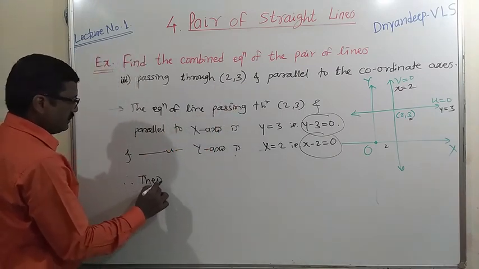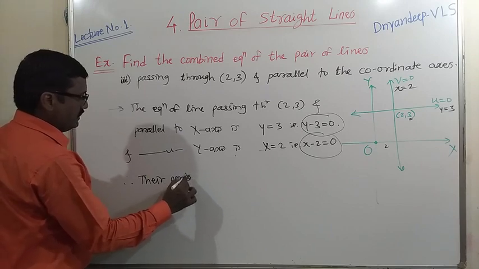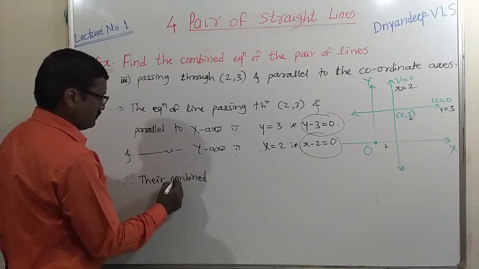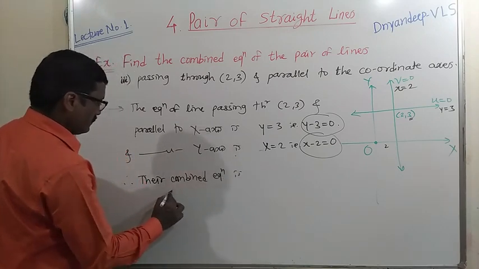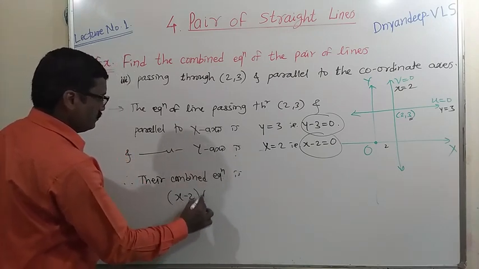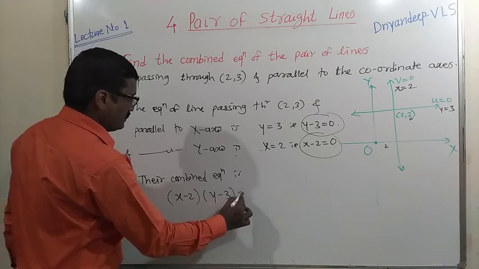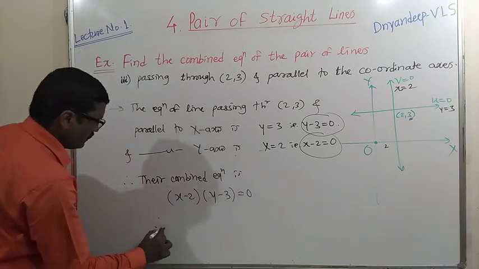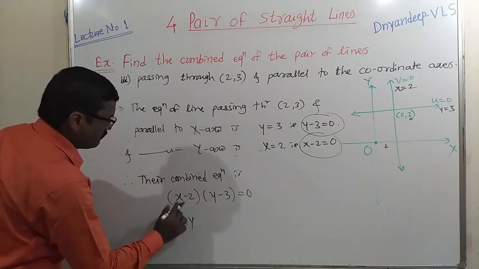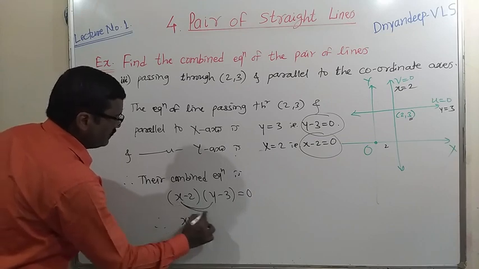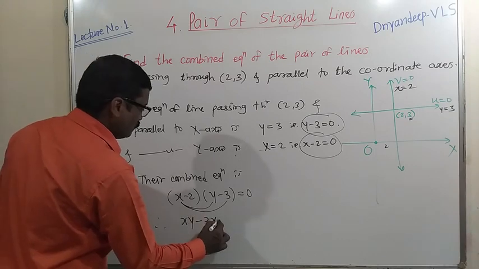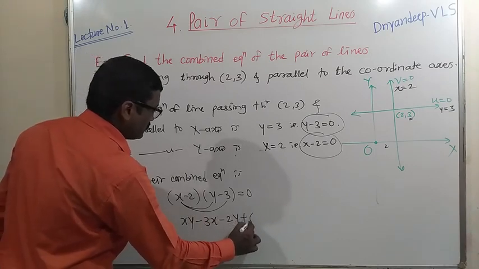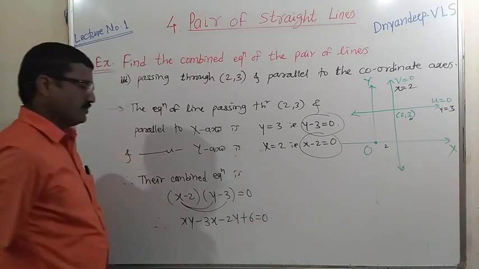Therefore, their combined equation is x minus 2 into y minus 3 equal to 0, and that will be the multiplication: xy, minus 3x, then minus 2y and plus 6 equal to 0.